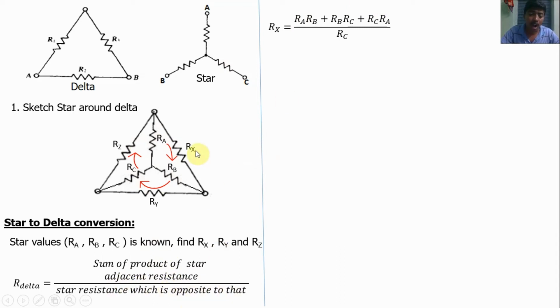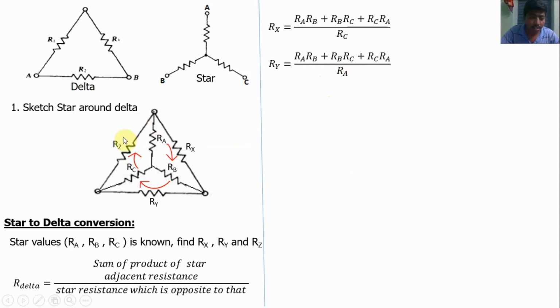It means Rc is opposite to Rx, so divide by Rc. Then Ra is opposite to Ry, so Ry is equal to the sum of product of adjacent resistances divided by Ra.